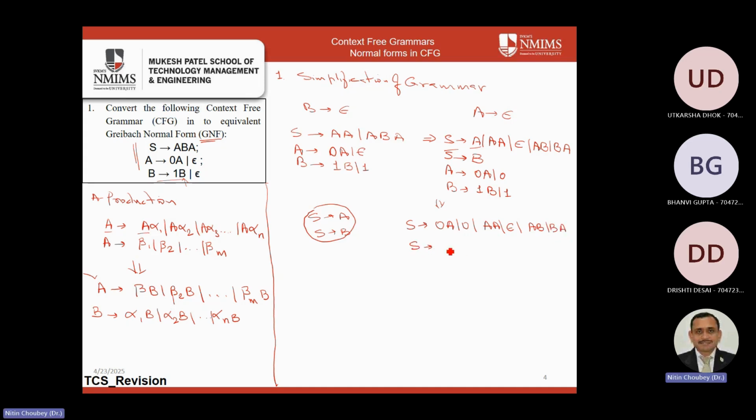Similarly, S gives 1B | 1. This is the removal of the first and second. A's production will remain as it is, 0A | 0. B's production will remain as is, 1B | 1. Is this clear? Is this clear to all?